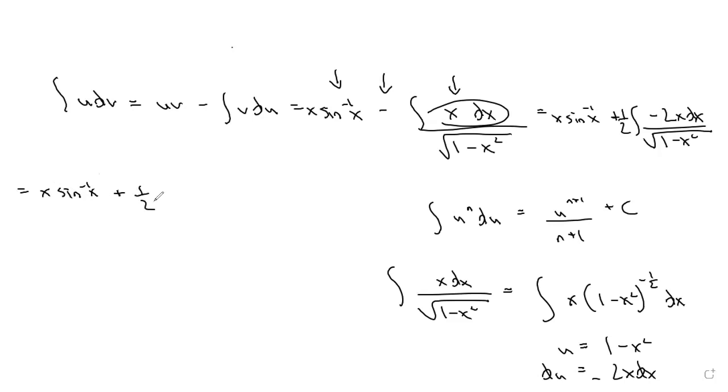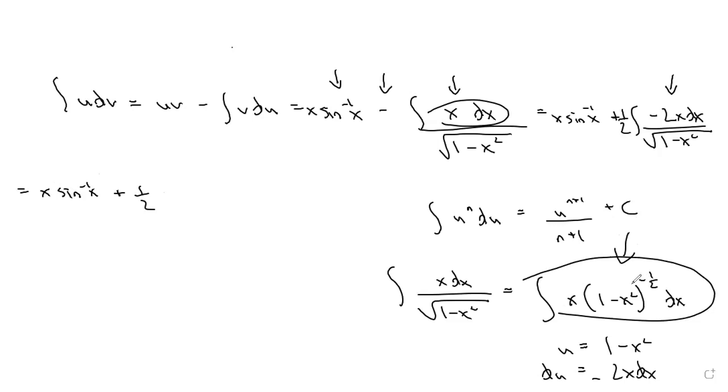And now let's apply the general power formula. Let's just look at this part. It'll be easier to do it that way because I wrote this part with a classic square root. So add 1 to the exponent, divide by that number. So it'll be add 1 to -1/2, that'll be 1/2.